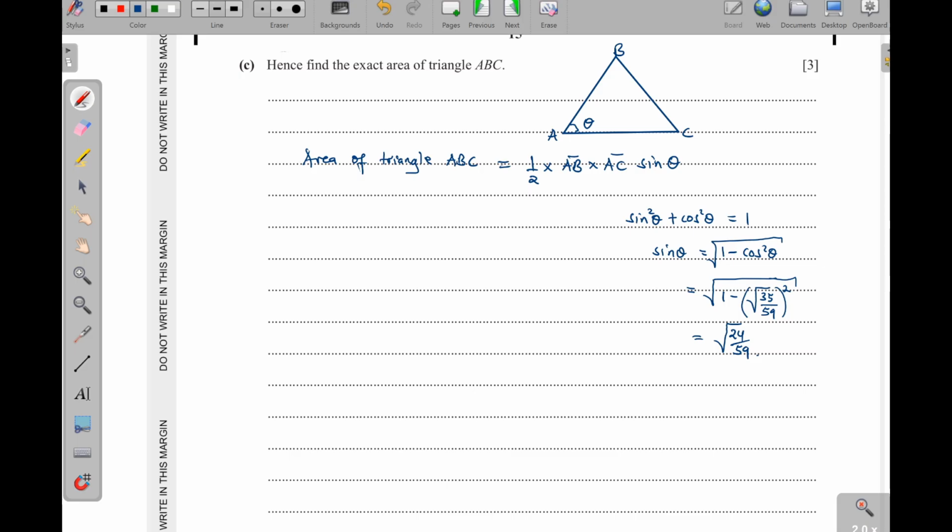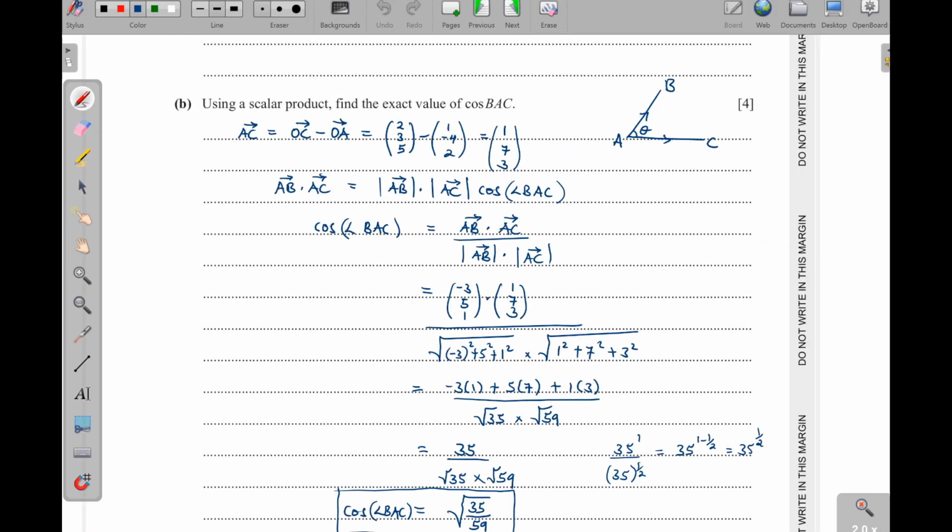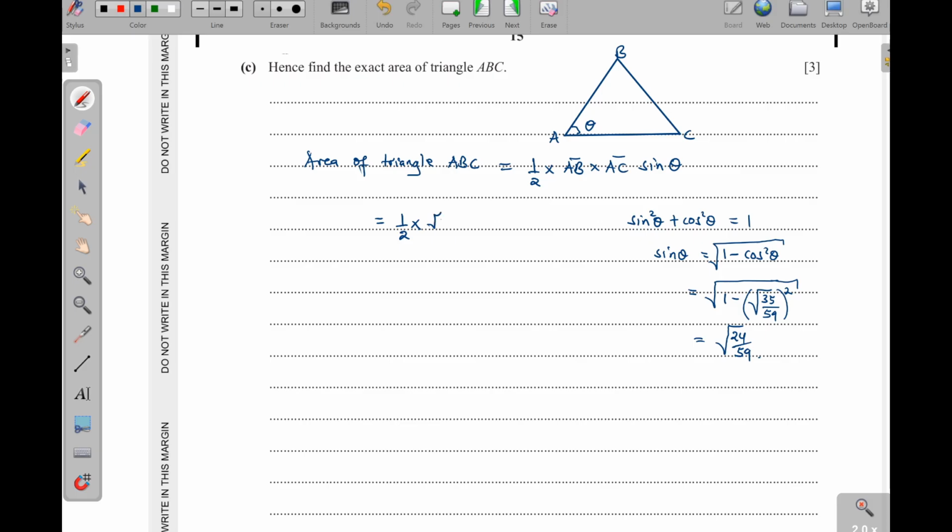So area of our triangle is going to be a half times, what did we get as AB? AB, we got it as root of 35. So root of 35. And then SC is root of 59. Then sine of theta is here. It is root of 24 out of root of 59.